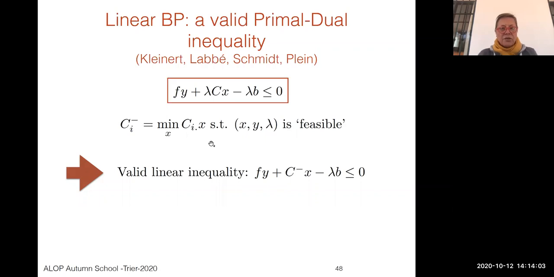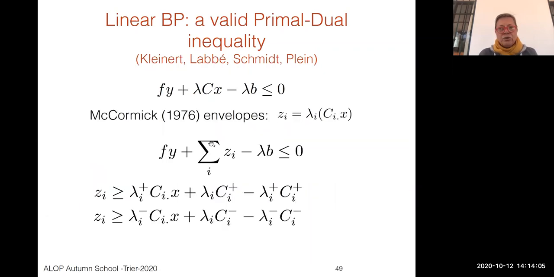Now, in addition to that, if you look at this strong duality condition, as I said, you have those nonlinear product terms here. This would be kind of Cij lambda i xj.